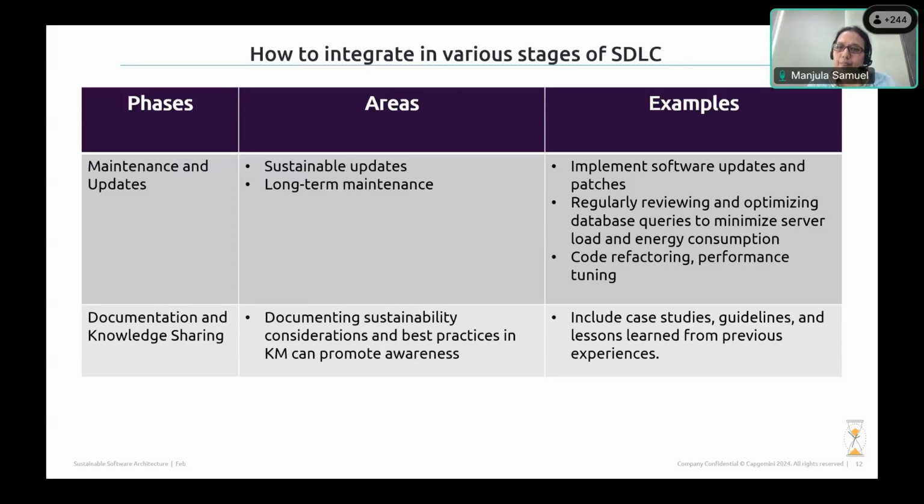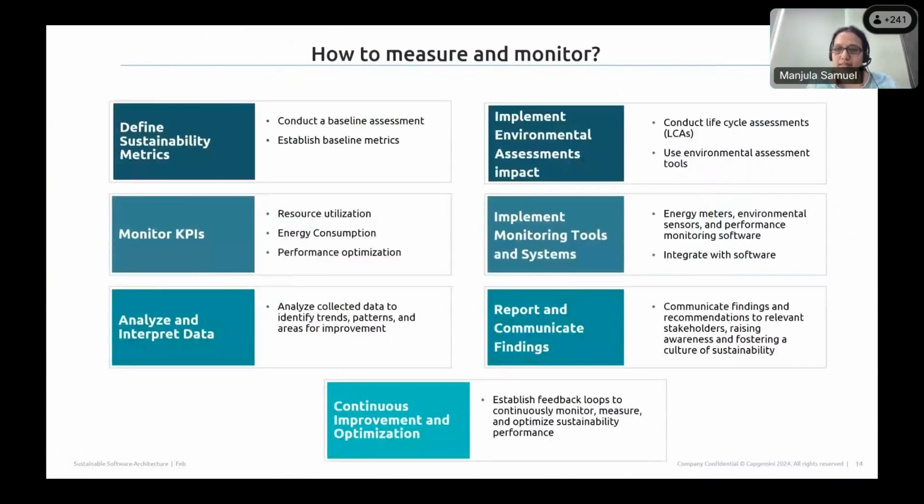Reports summarize and communicate to the right stakeholders, raising awareness and fostering a culture of sustainability within the organization. And finally, we establish the feedback loops to continuously monitor, measure, and optimize, incorporating the lessons learned and the best practices into future software development projects.